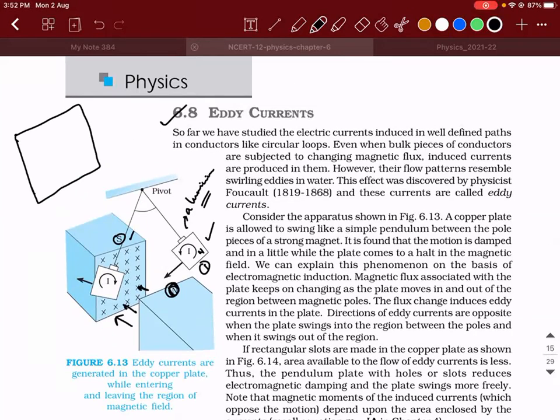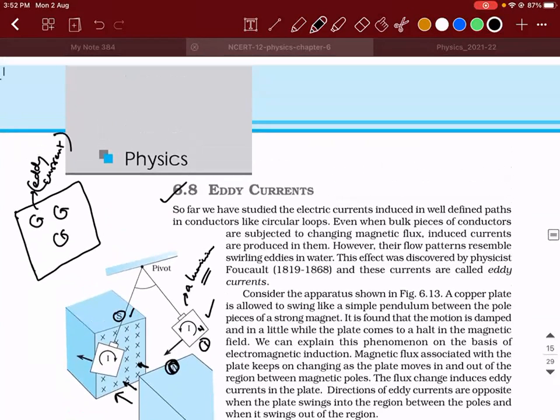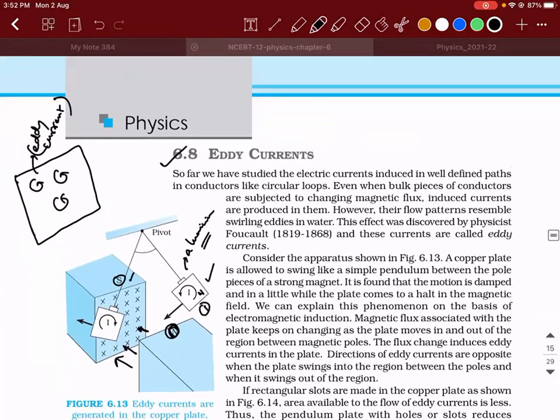There will be some small loops of current flowing in this circuit, and small loops of current is what we call eddy current. The small loops of current that we pass is what we call eddy current.